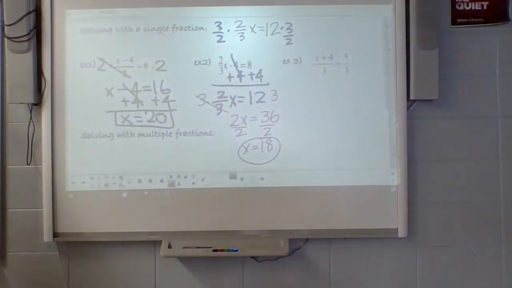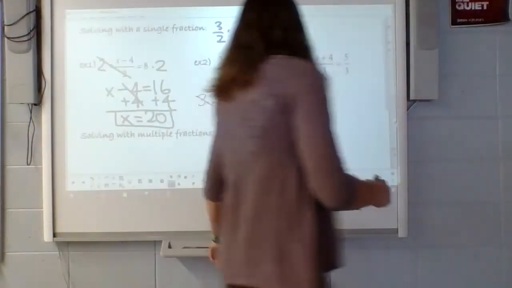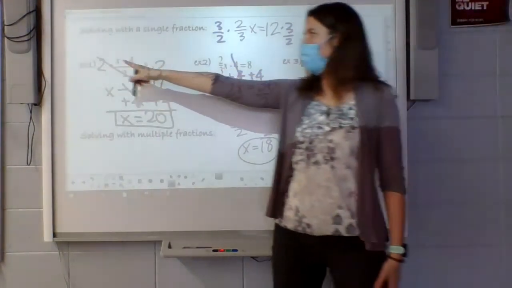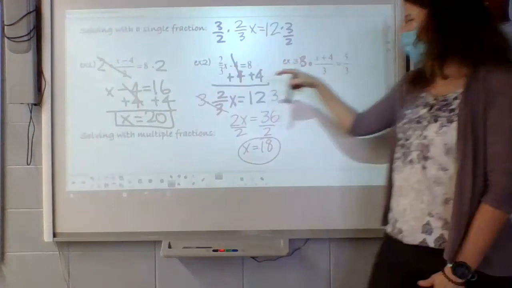How about example 3? I think this one looks way worse than it is. Ollie, what did you do to yours? I think you got it. Well, I did 3 times on both sides. Yeah. So he multiplied this by 3, kind of like what Reagan had suggested over here. It looks like it's all being divided by 2.